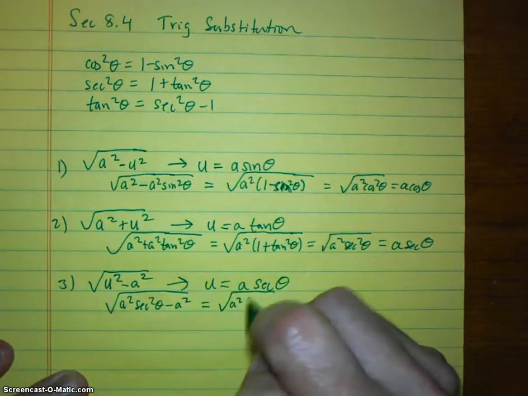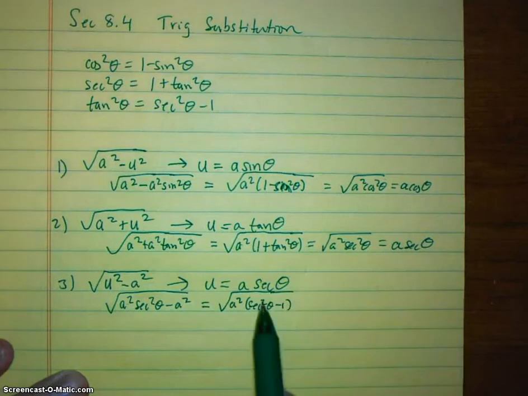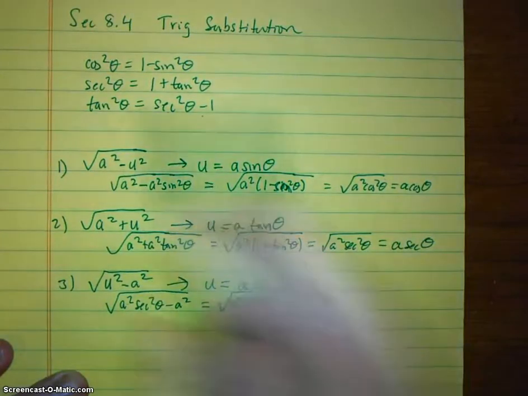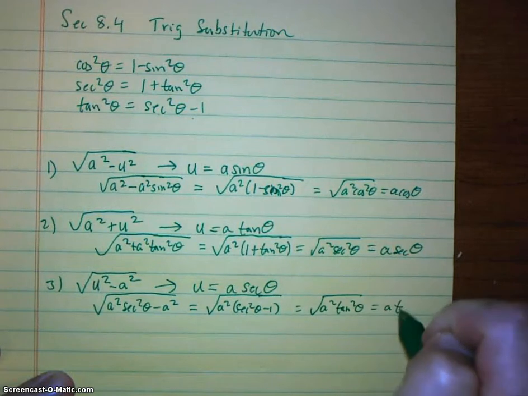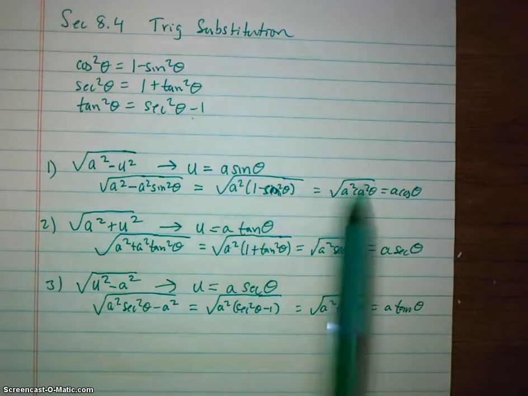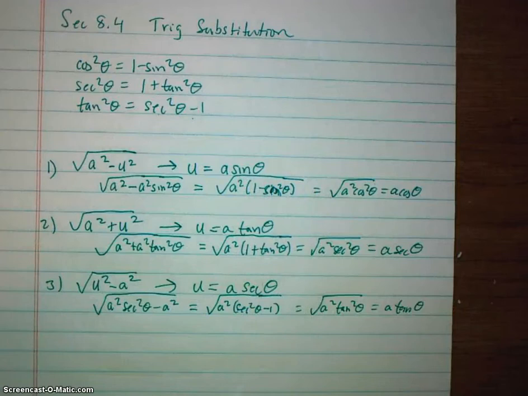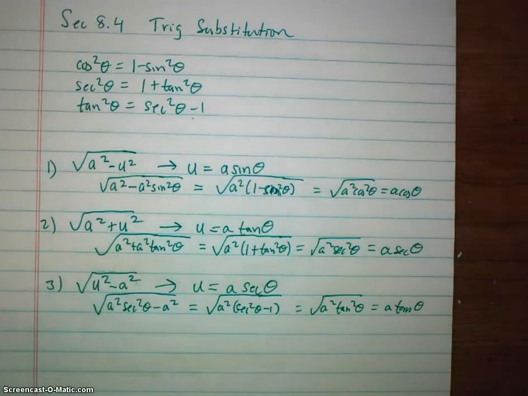Factor the a squared out. Secant squared theta minus 1 is tangent squared. Square root of a squared tangent squared theta, which is a tangent theta. All right, so that's going to be the idea behind these trig substitutions. We're going to make the appropriate substitution so that we eliminate the combination of the square and the square root.